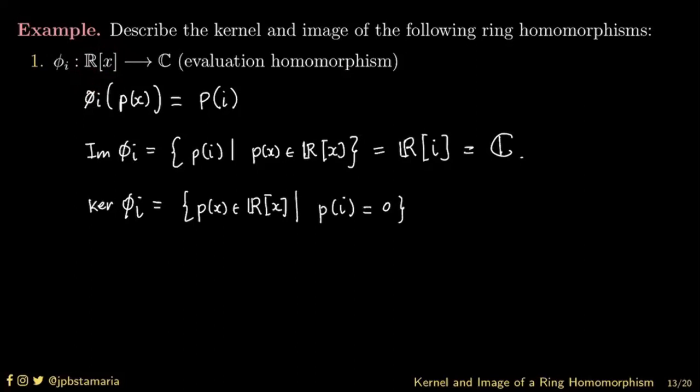Can you give me an example? Anong mga real polynomial ang nag-evaluate sa i to 0? On the chat box or in the microphone, can you please give me examples? Pag-iisip kayo ng polynomial kung saan si i ay root.